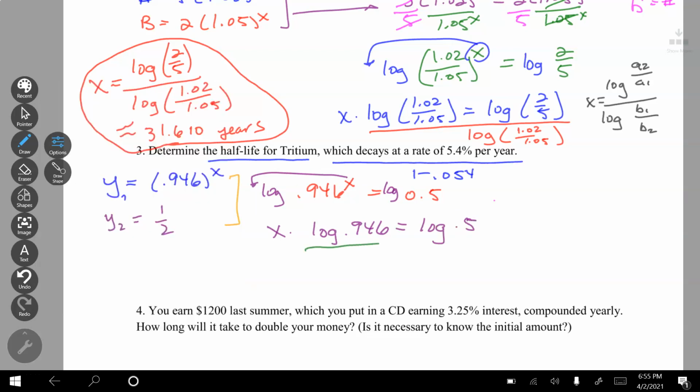I divide by this, and I get x equals log of 0.5 over log of 0.946. I put this in my calculator, and I get the half-life is about 12.5 years.